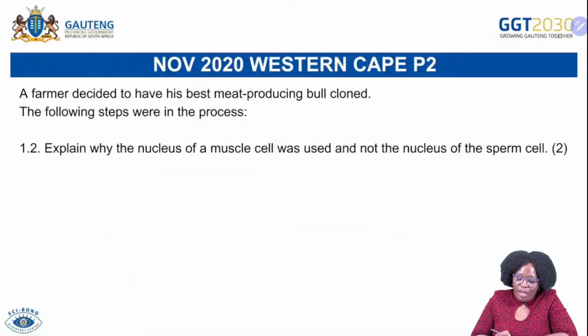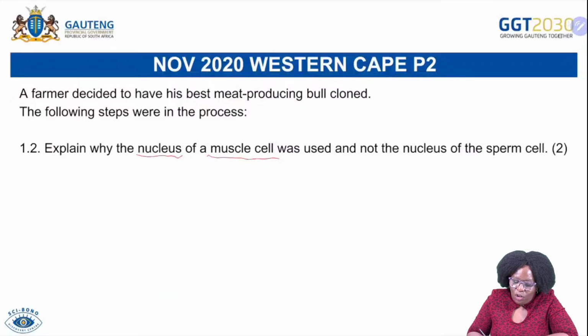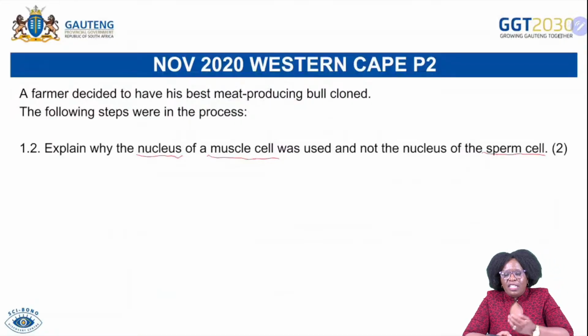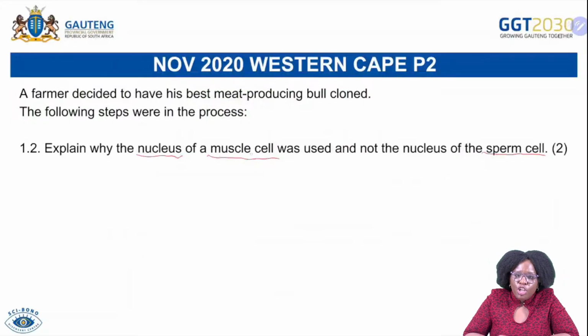Then 1.2, explain why the nucleus of a muscle cell was used and not the nucleus of the sperm cell. Some of these questions, when we come across already, we have pondered, we have engaged with the stem of the question, and it becomes easy for us to answer. Why was the nucleus of a muscle cell used?